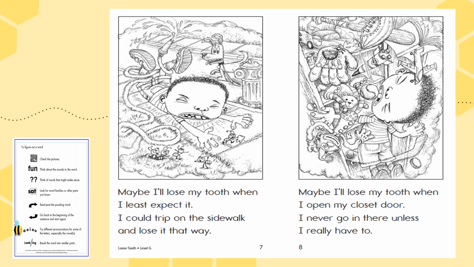Let's see if we can make an inference. My evidence here is I never go in there unless I really have to. So he never goes in his closet unless he really has to.